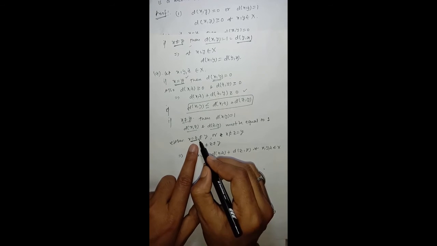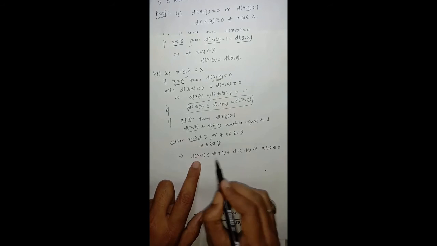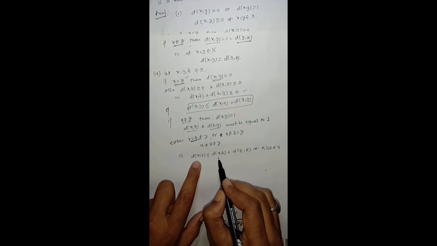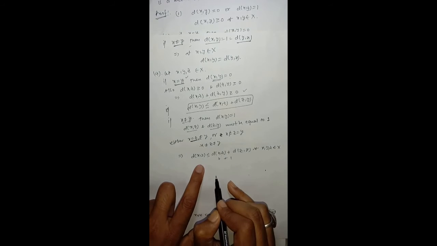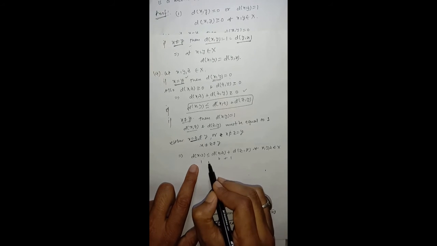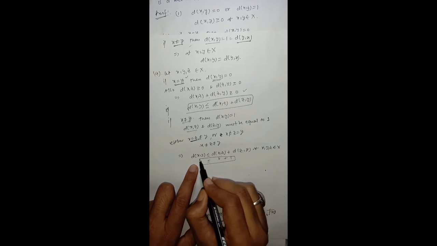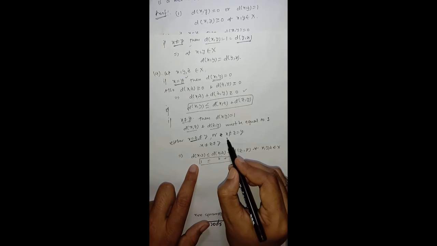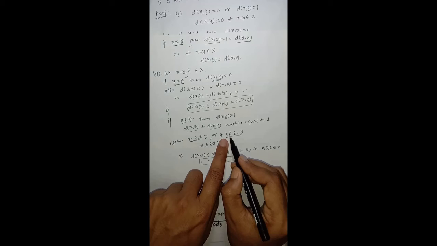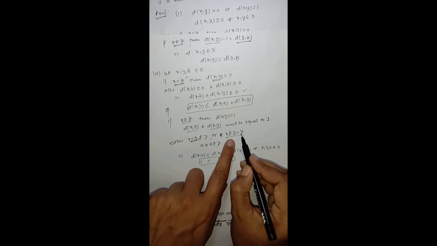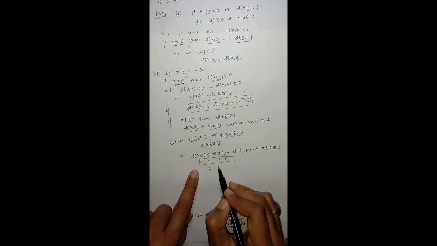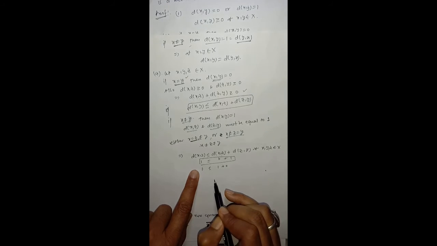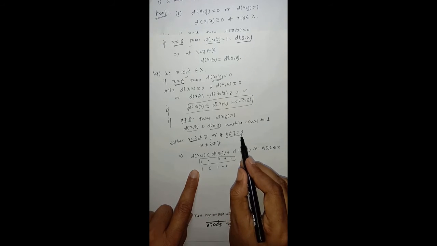They cannot all be equal, because x is not equal to y. We get 1 here, so this is 1 less than or equal to 0 plus 1, so 1 is equal to 1, and the property holds. Suppose x is not equal to z but z is equal to y.